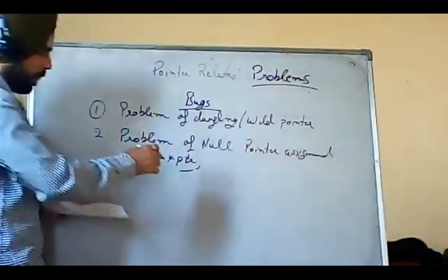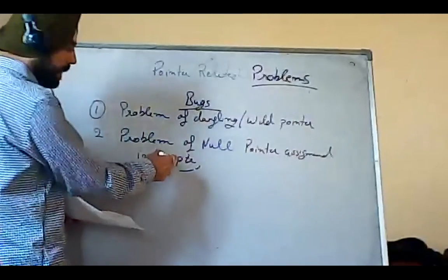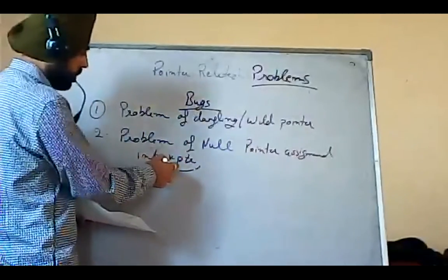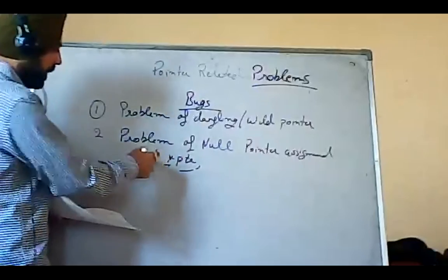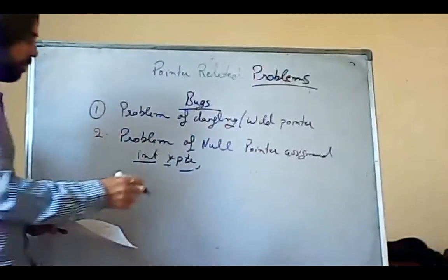So here PTR is a pointer type variable, and here we assign the pointer operator, and this is an integer type pointer.